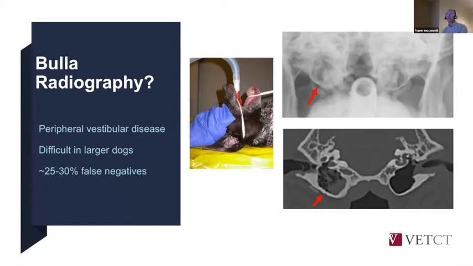The CT of the same dog below shows pretty much similar changes. So we certainly can see middle ear pathology with radiographs, but it was prone to very high false negative rates, and it's not a particularly sensitive modality. So probably nowadays it's being superseded.